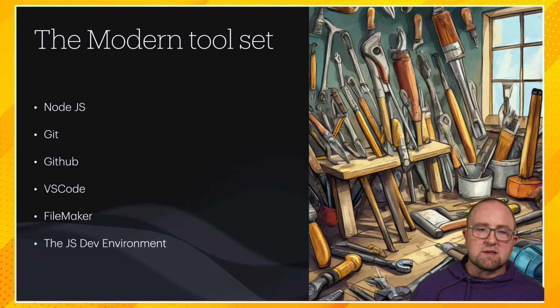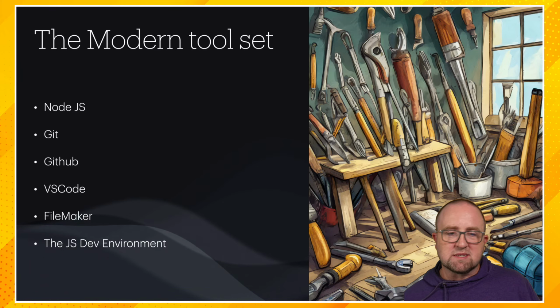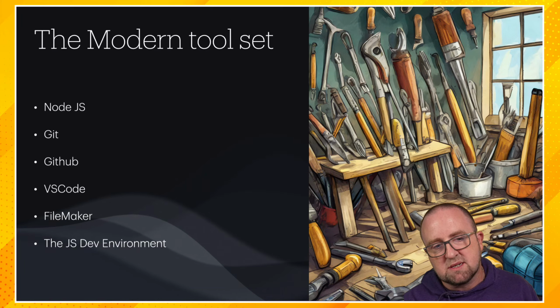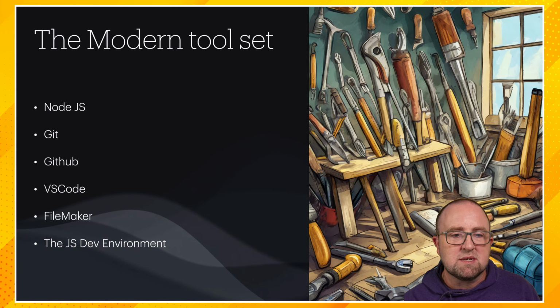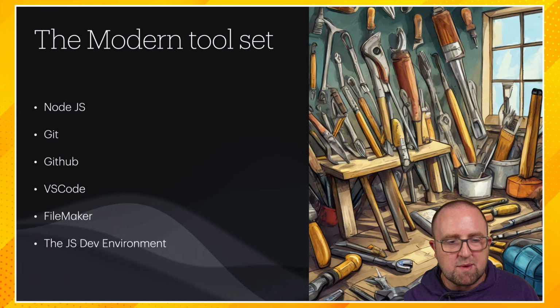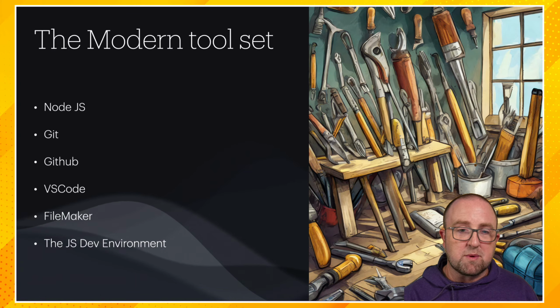The modern tool set that I talk about involves these items: a service called Node.js, something called Git, GitHub, which is a site, VS Code, which is an app, FileMaker, of course, and the JavaScript development environment.